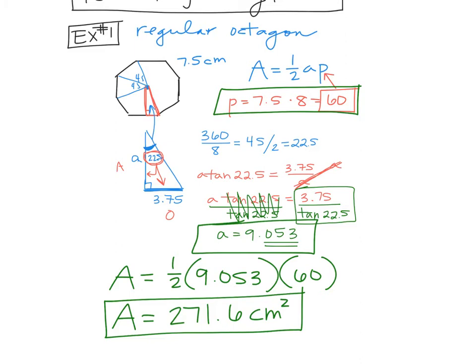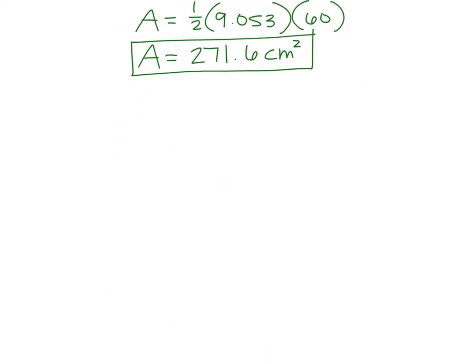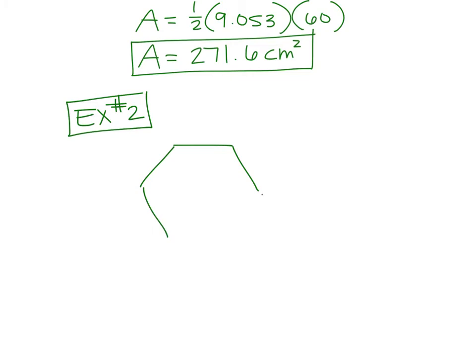Okay, I'm going to do another one. This one's a little bit easier. It's just a different format, I guess. This one's a regular hexagon, and you're welcome on these to do it without the trig because you know how to do a hexagon without trig.